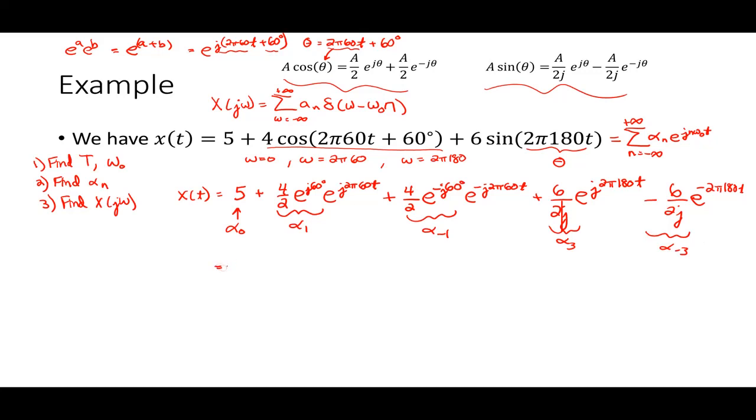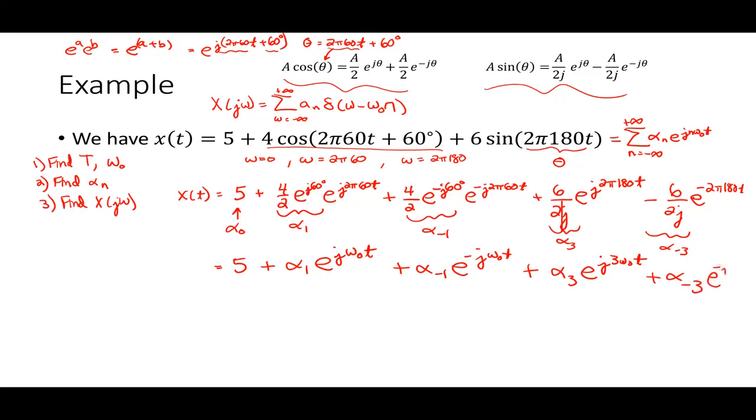So in other words, I can write this as 5 plus alpha 1 e to the j omega naught t plus alpha minus 1 e to the negative j omega naught t plus alpha 3 e to the j 3 omega naught t plus alpha minus 3 e to the negative j 3 omega naught t.